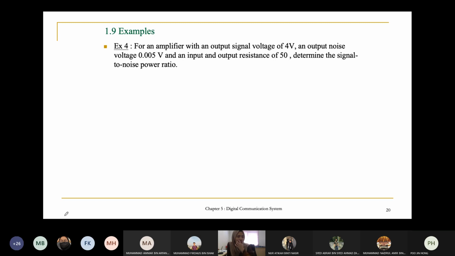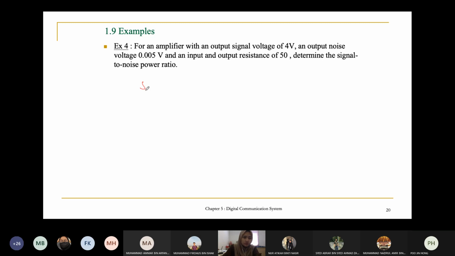Okay, for example 4, the question also asks you to calculate the signal to noise ratio. But now the question gives you the signal voltage and also the noise voltage. In example 3, the question gives you the signal power and also the noise power. Okay, so make sure that you use the correct formula.